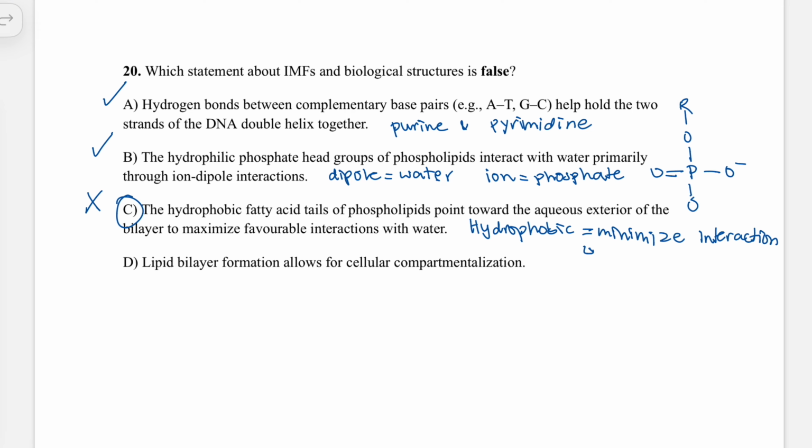And this means that it points to the interior. So within the bilayer, it'll look like this. The tails are oriented towards each other in order to protect them from the aqueous environment outside.